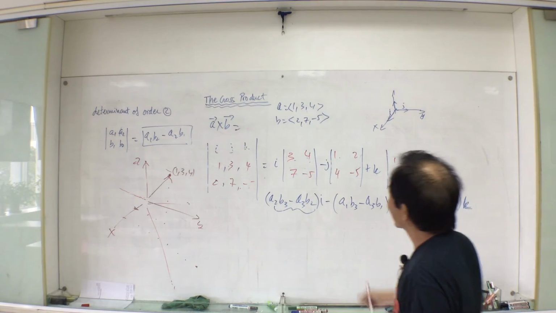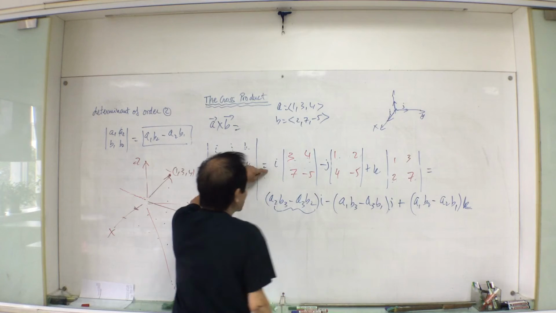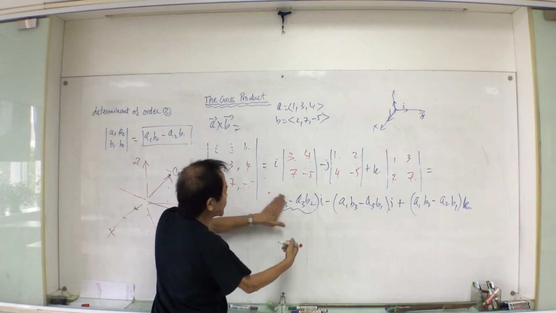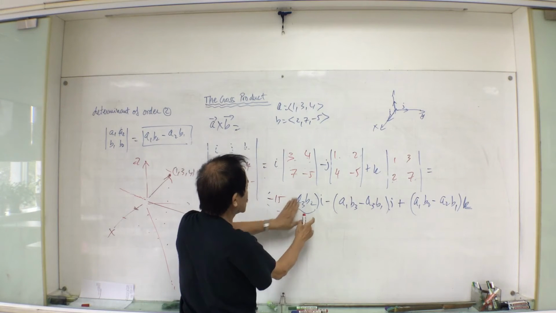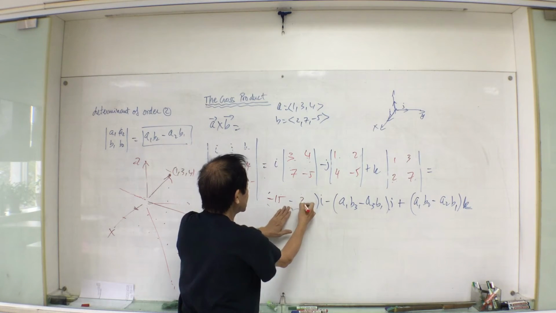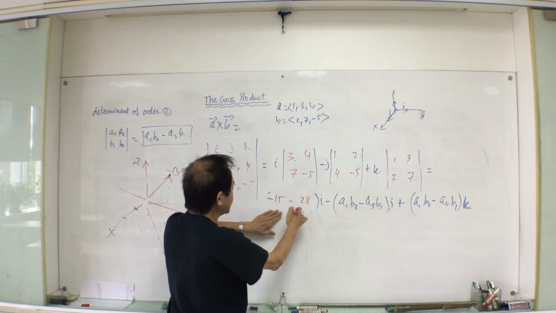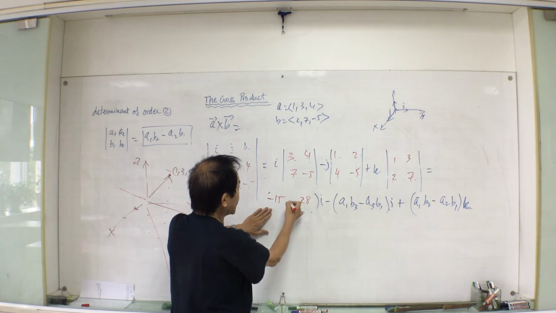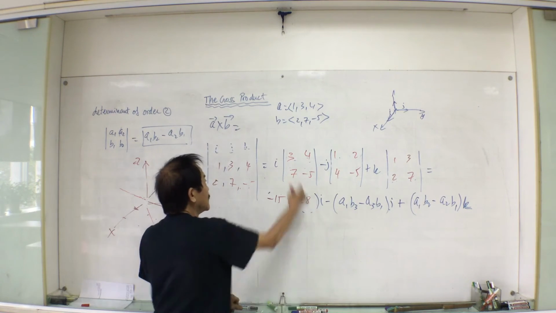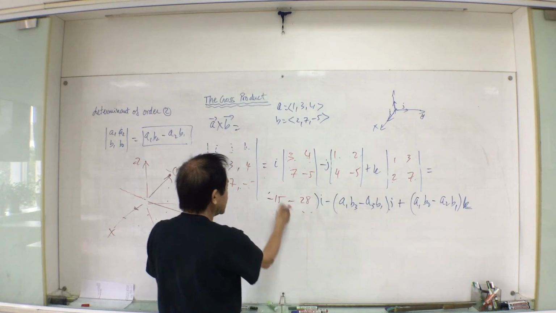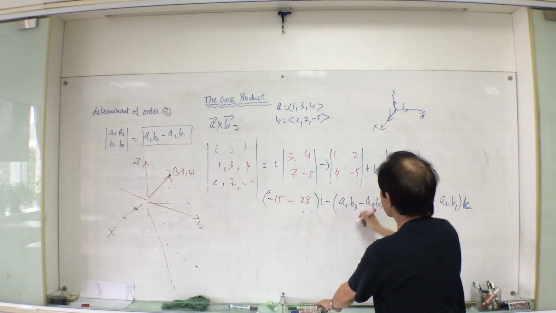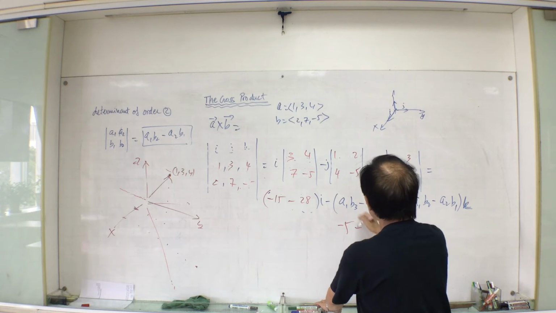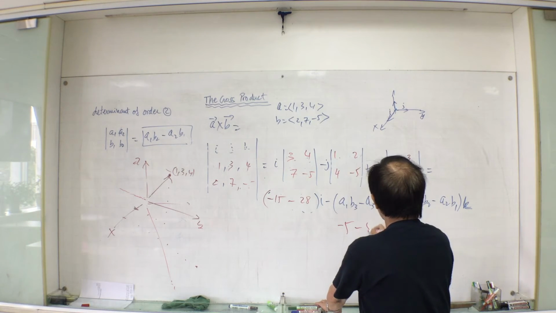Okay, cool. So 3 times -5 equals -15, minus 7 times 4 equals 28, so it gives you -15 minus 28 for I. Then I have 1 times -5 equals -5, minus 4 times 2 equals 8, so you have J right here.